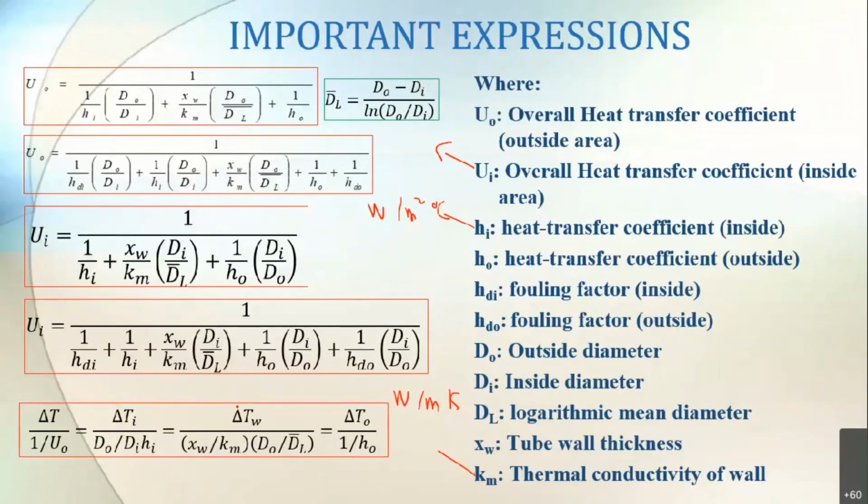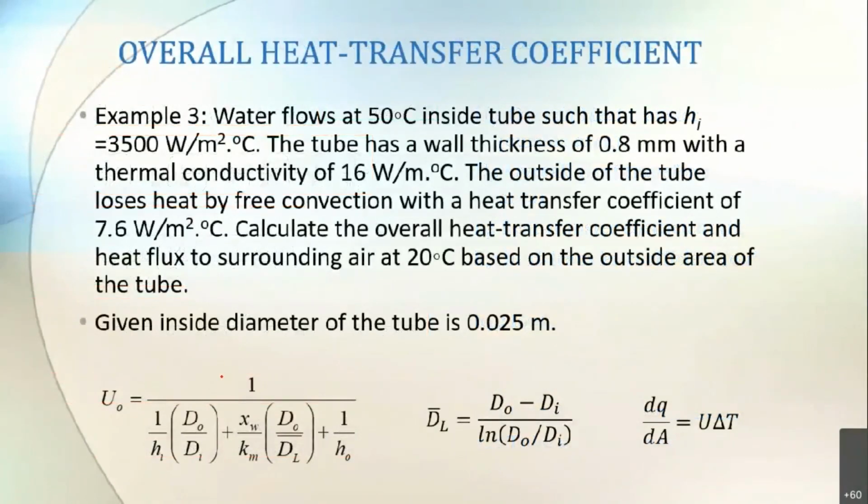What is the unit of U? Because I've been telling you from day one, the correct answer must be together with the correct unit. So you must know the unit for U. Okay, so this is an example. For this example, I have actually pre-recorded the solution, so I'll upload this to our e-learning and you can just watch it there.